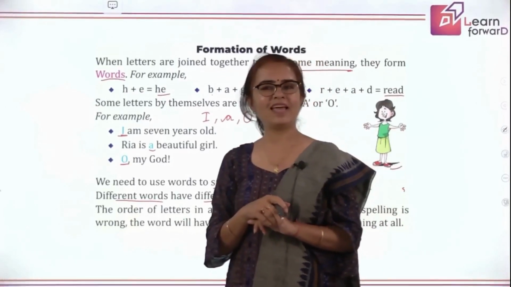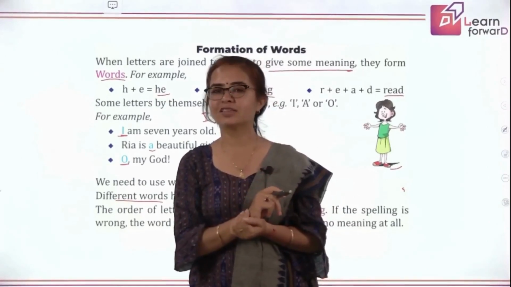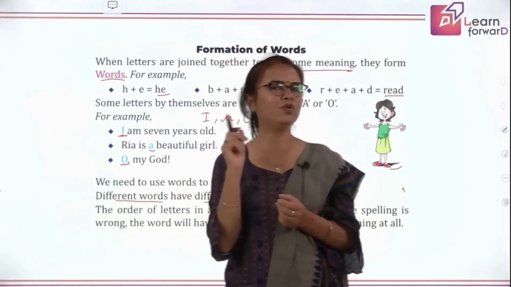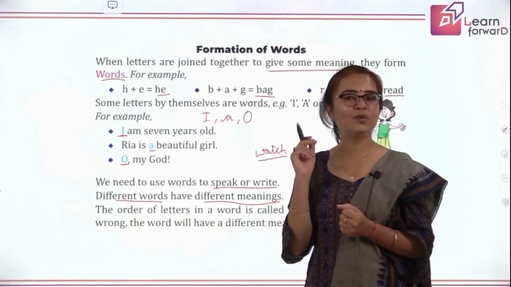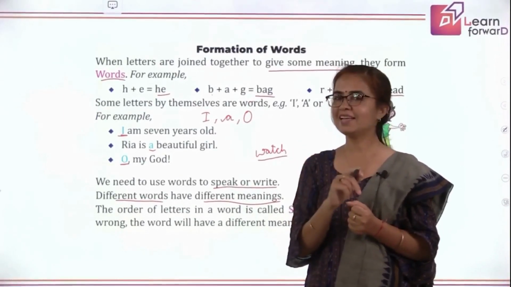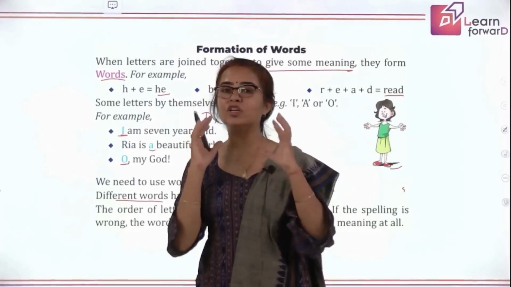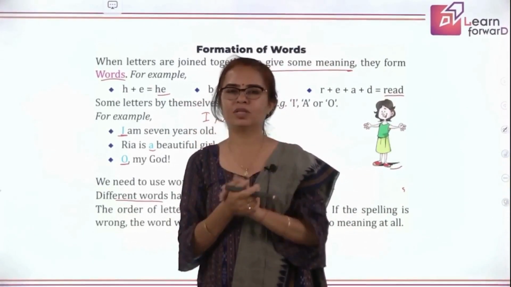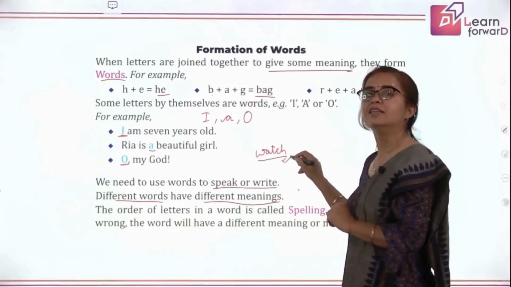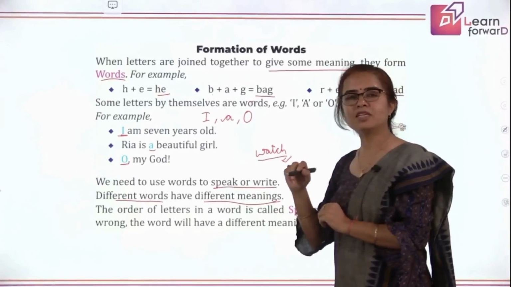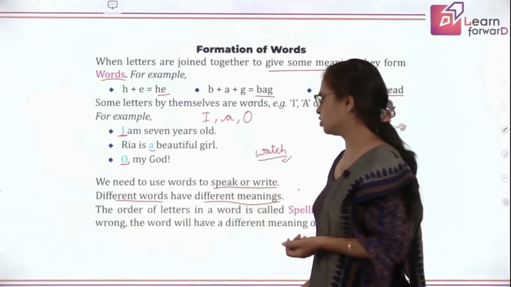Oh yes, it's what you tie here. That's a wrist watch. And what do you do with the TV? Yes, don't you watch TV? So there watch means you are seeing something. So that spelling is also the same. That means sometimes a single word also gives you different meanings. We'll learn about it later.